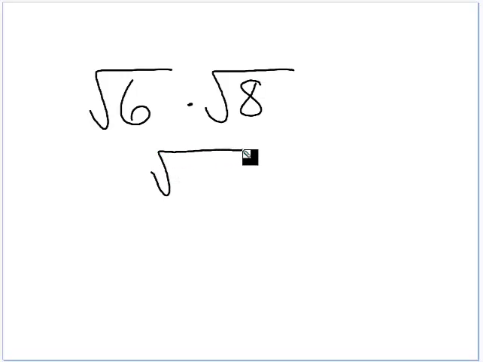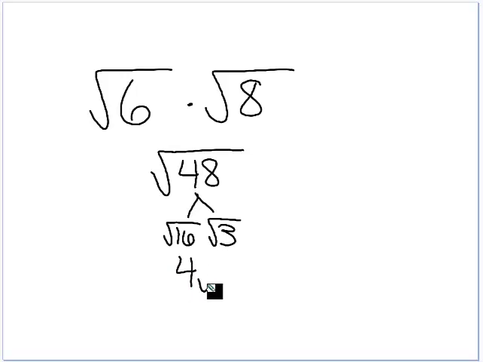We're going to multiply 6 times 8, which gives us 48. And what perfect square can go into 48? 16. And what is the square root of 16? 4. So my answer would be 4 square roots of 3.